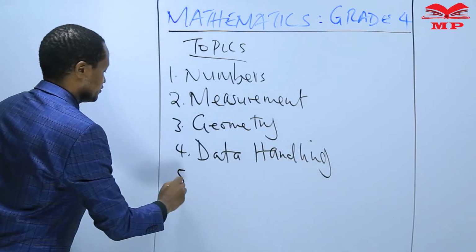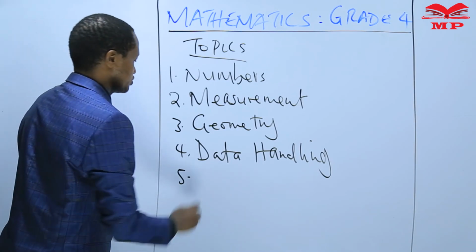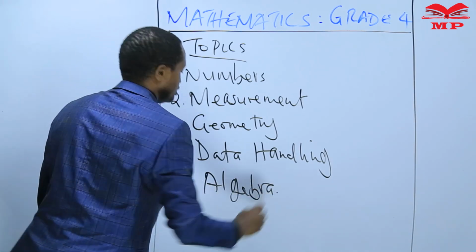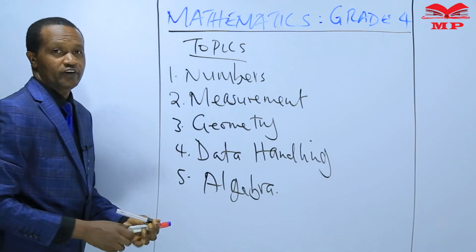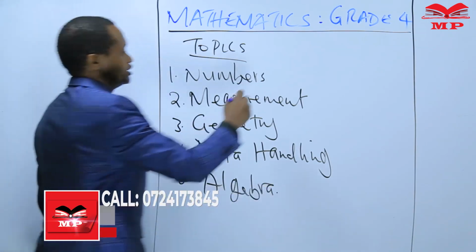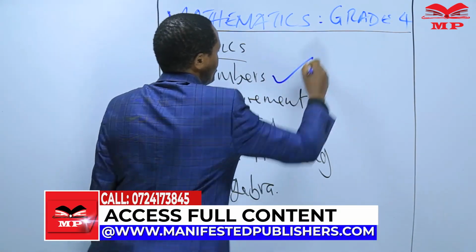And lastly, number 5, you're supposed to cover algebra. So far, we have completed this topic known as numbers.